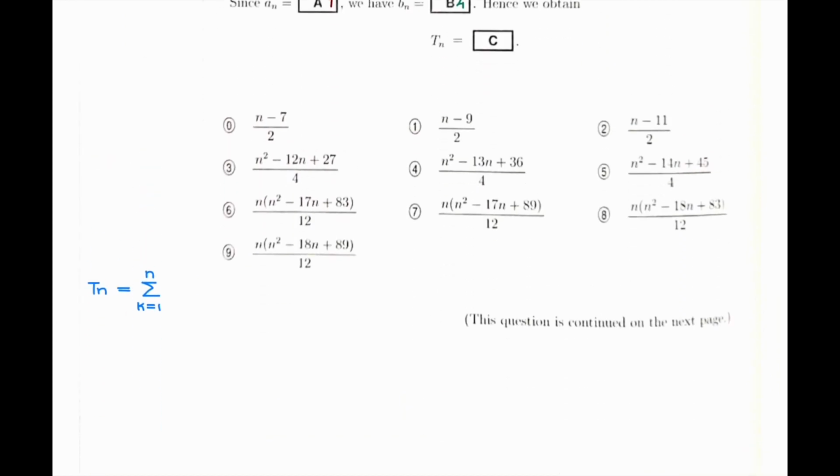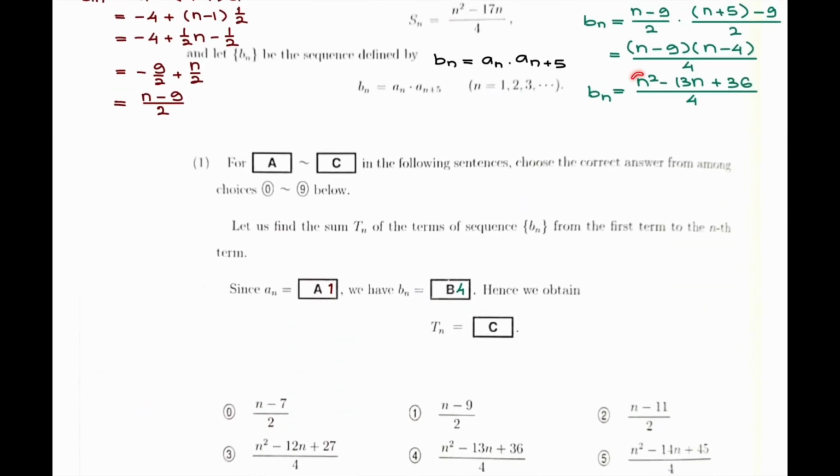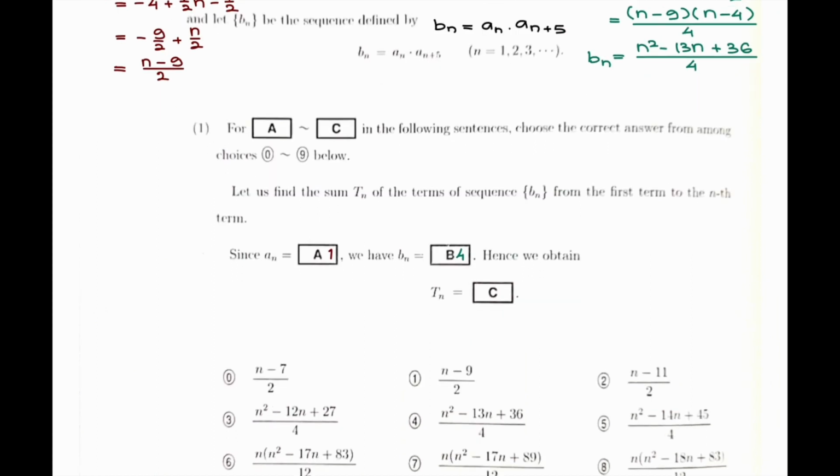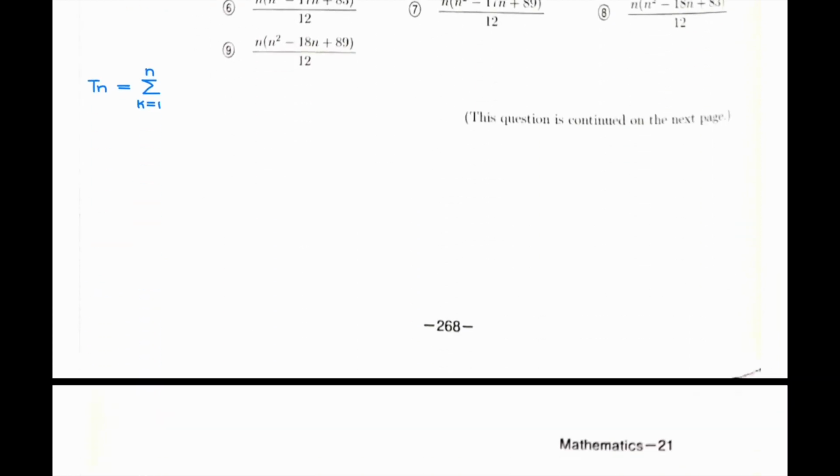Since I use k as my variable, I can change n here into k. So BN is equal to k squared minus 13k plus 36 over 4.